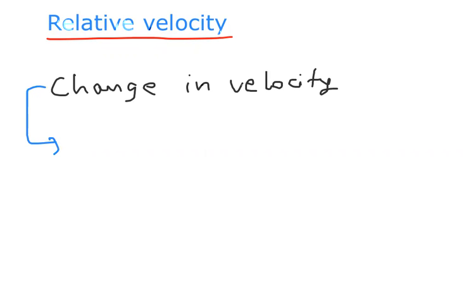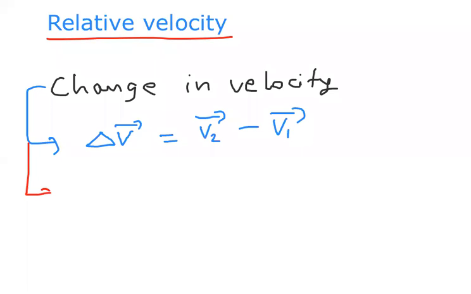Let me take delta v bar equal to v2 bar minus v1 bar, where v2 is the final velocity and v1 is the initial velocity.